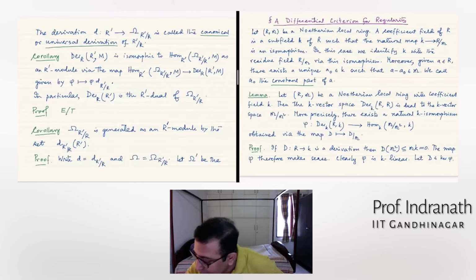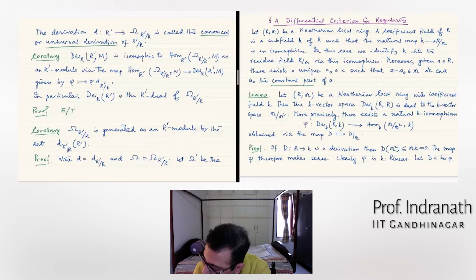Okay. So you will see that we are introducing a new thing, but you will understand that this is kind of obvious. You have a Noetherian local ring R. We are going to define what is a coefficient field of R, that is a subfield k of R such that the natural map from k to R/m is an isomorphism.